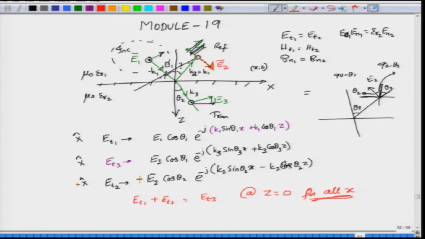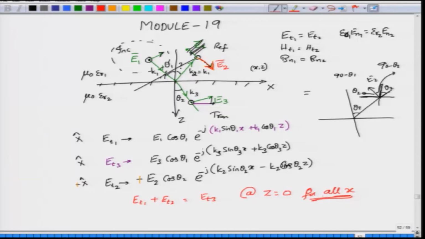What it means is that if I consider the electric field landing at this point and then calculate the tangential electric field, it does not matter where it lies on the x axis. Every point on the x axis should satisfy this equation. So, that is the critical part of it.